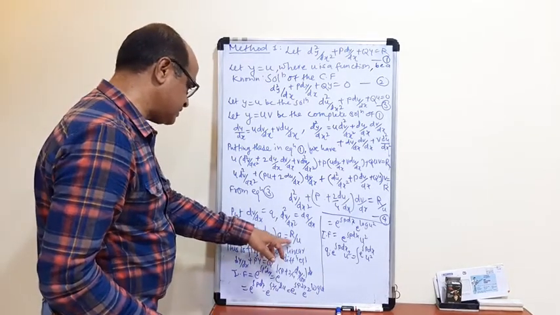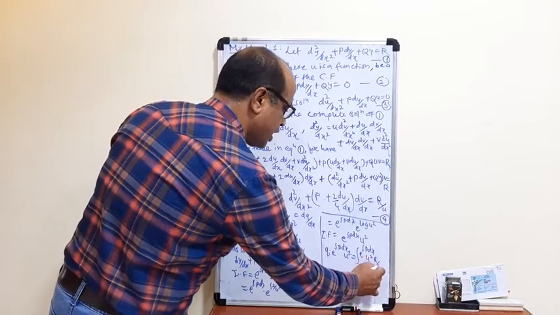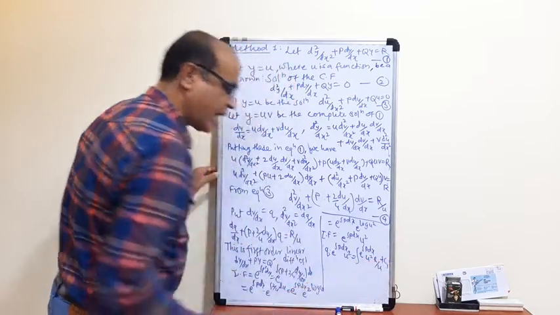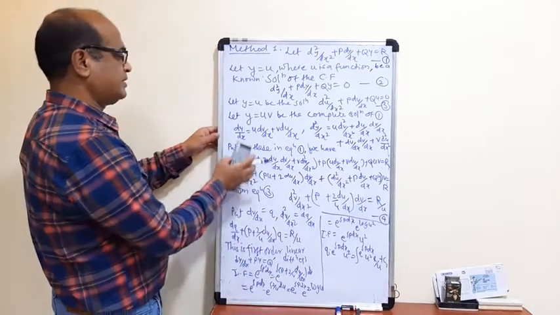Q dash is r upon u, plus an integrating constant c1. Okay, very simple one.